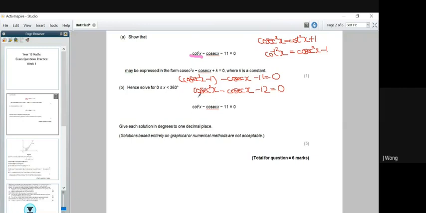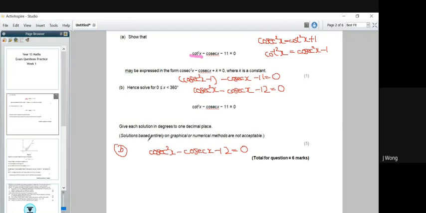So what we would like to do really is to use the equation that we have changed into and take it on from there: cosec square x minus cosec x minus 12 equals 0. And if you have noticed, the reason why we use it is because this is actually a quadratic equation.